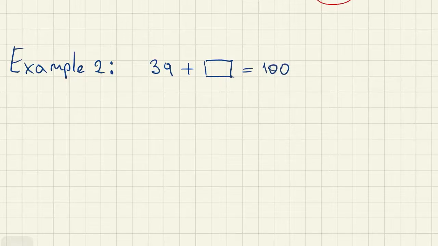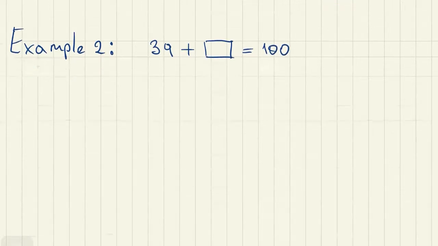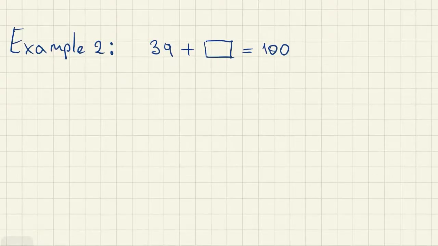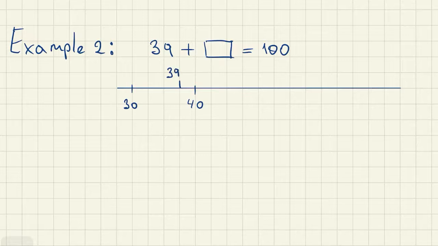What is this something? Yeah, so again, draw a number line. We go out there and we draw a number line. And we can make it a little bit easier actually. So we can go 30, and then we have our 40. Somewhere here is our 39 where we're going to start.